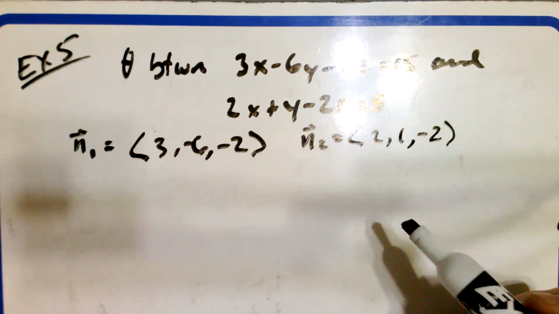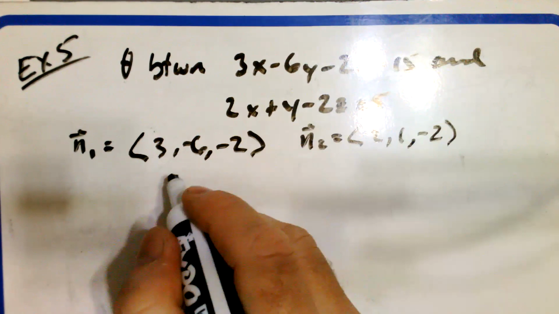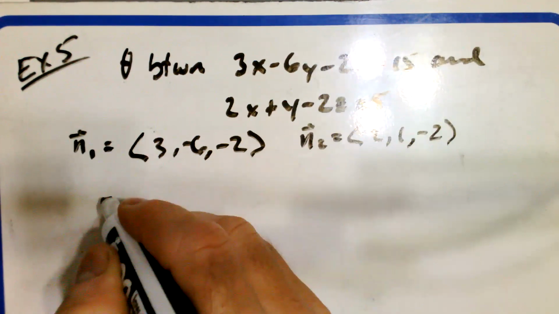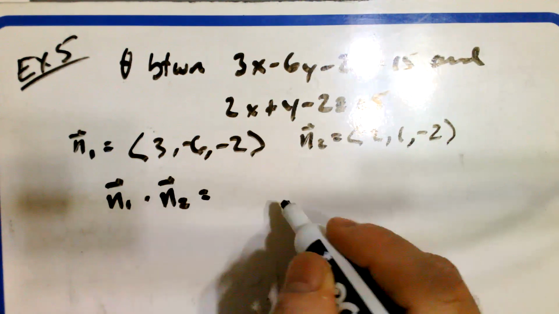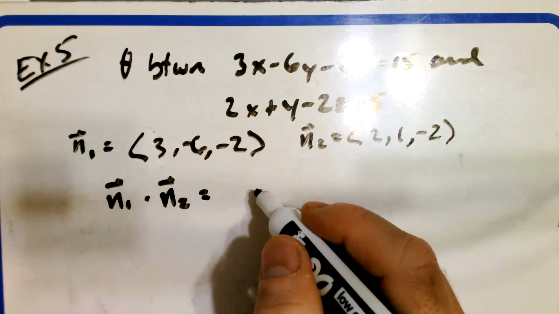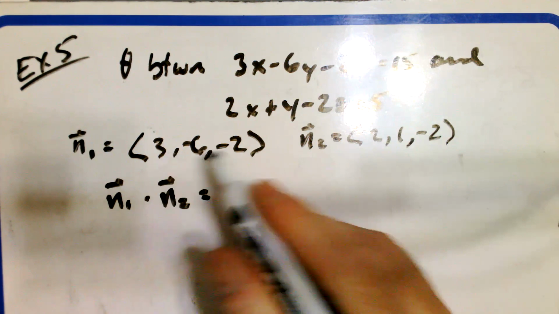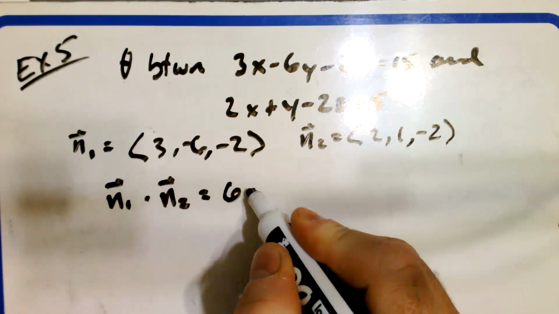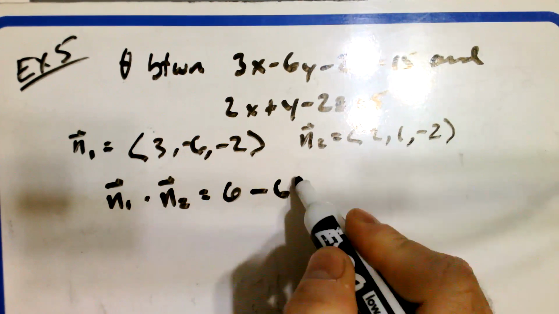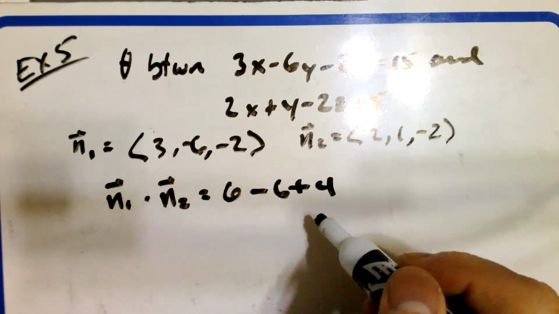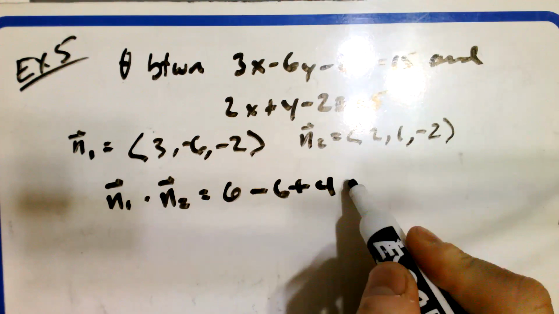Okay, so those are the two normals. So let's consider the magnitudes and the dot product. N1 dotted with N2 gives a value of, let's see, 3 times 2 is 6, minus 6, negative 6, minus positive 4. So it looks like it's going to be a value of 4.